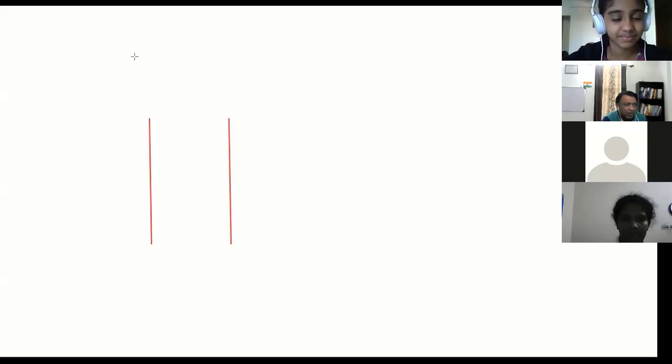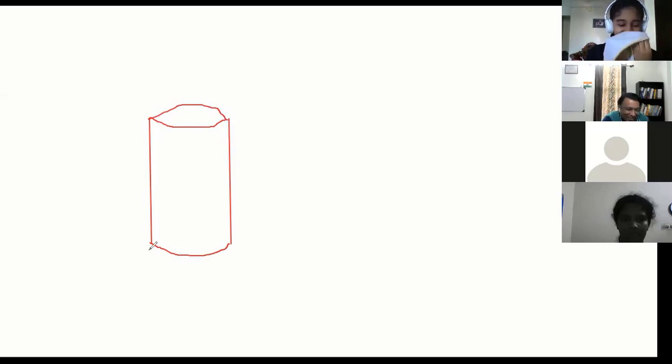The problem now is how will I draw the circle? On paper, it's so easy. Something like this. It is not a circle, but assume it's a circle.